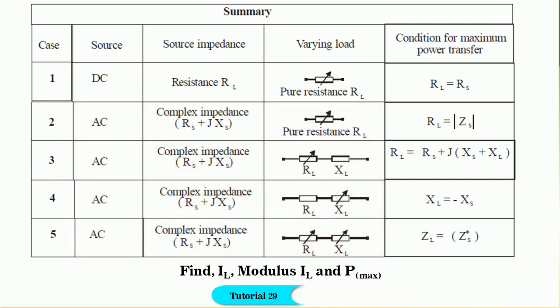Number 3, apply that condition and find IL, mod of IL and P max. Of course, before we do all this, remember we have to apply Thevenin's theorem by opening the load branch, and we shall see these aspects when we solve the numerical examples.